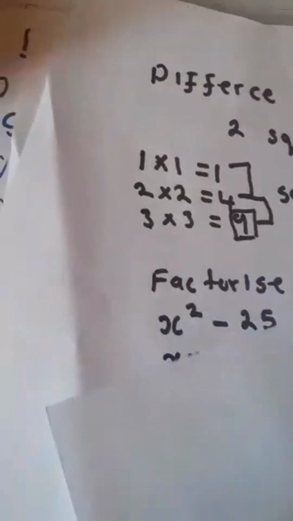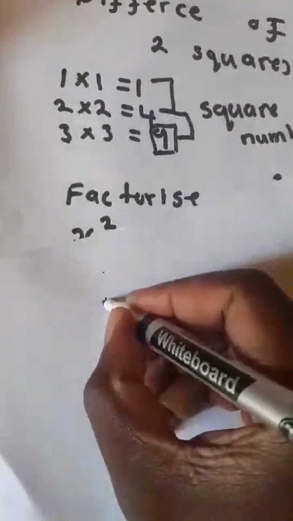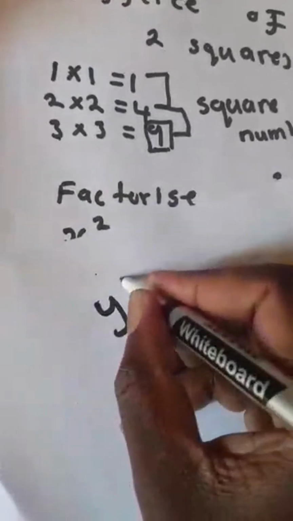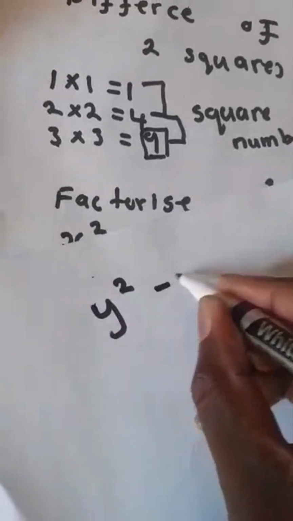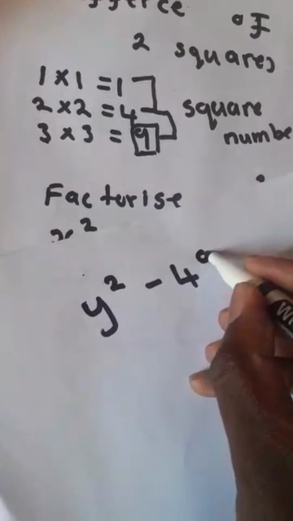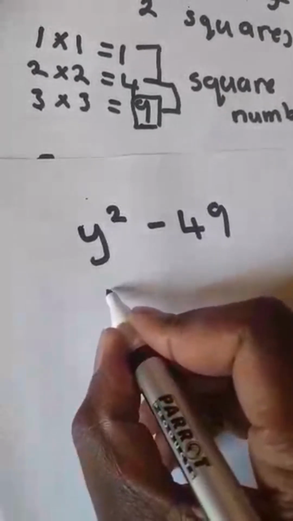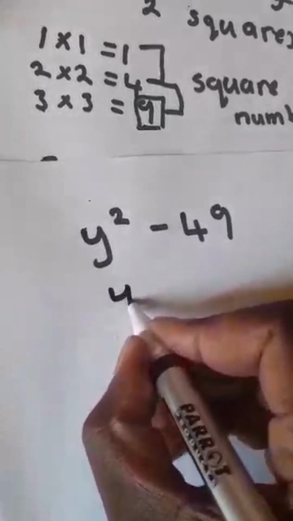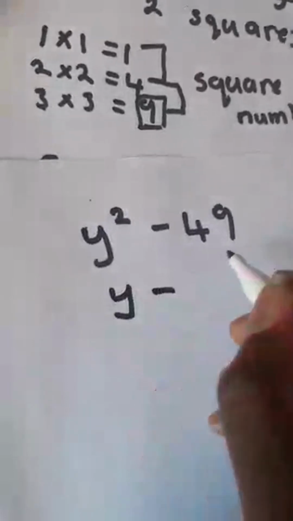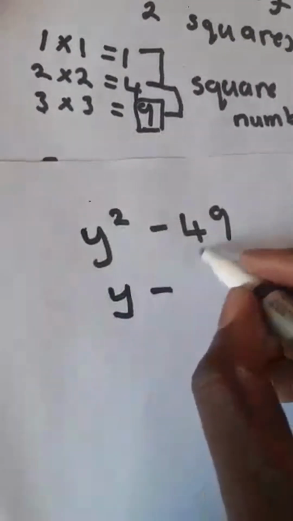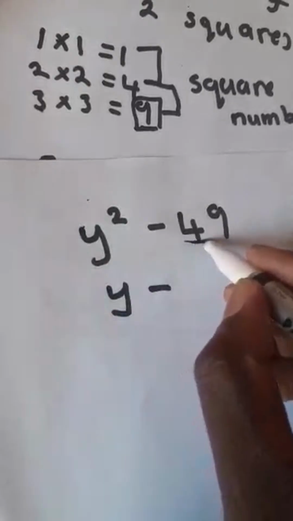Let's try another one. Say given y squared minus 49. Factorize completely. This one will be y minus the square root of 49. 7 times 7, we get 49.